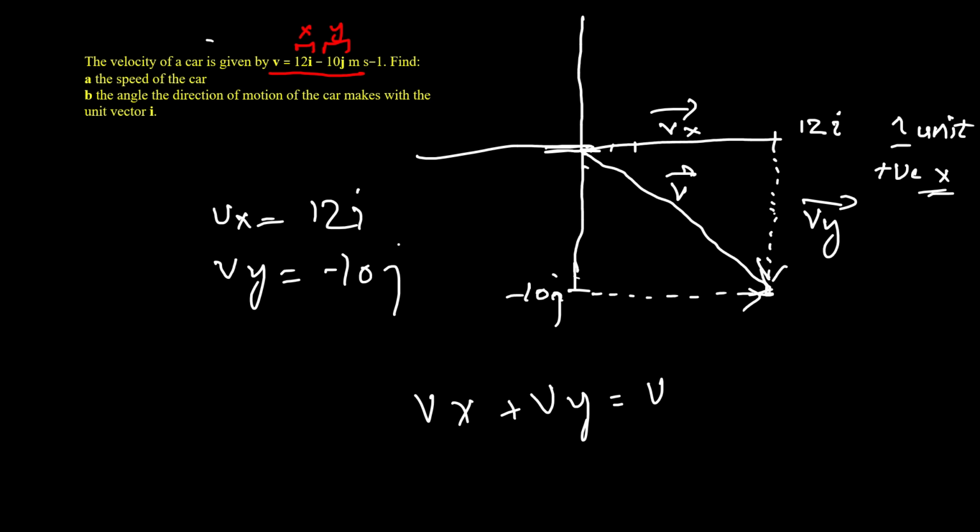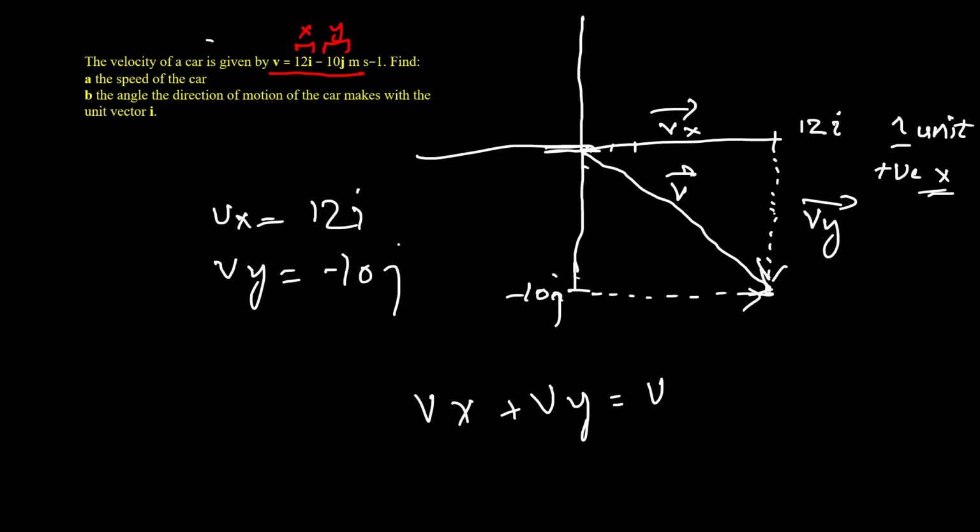Now the velocity of the car is expressed in vector form. Find the speed of the car. We know the speed of any object is a scalar. If we take any object that has some velocity, it means that it has some speed also.